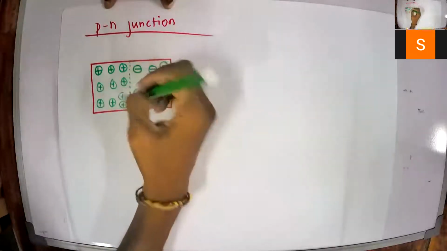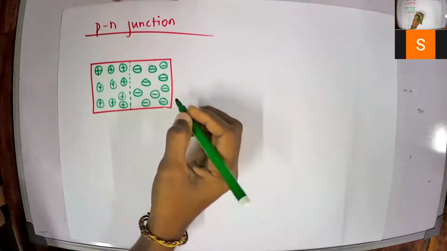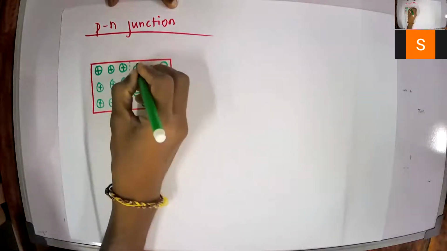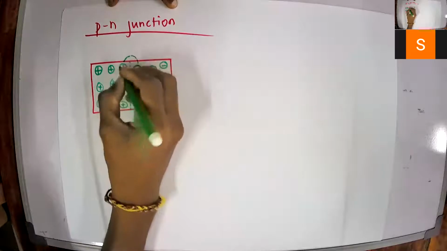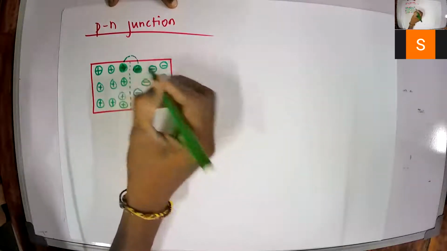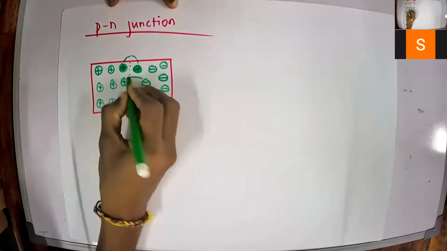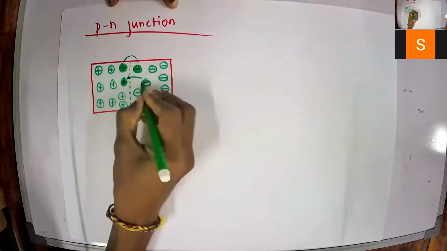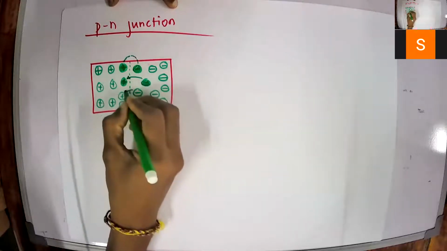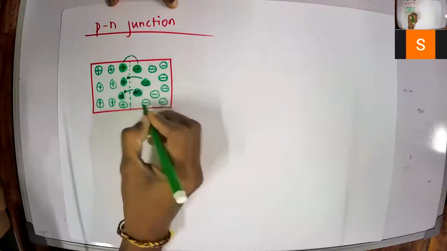At this interface, look here, these are electrons and these are vacancies. What they will do is simply these electrons will jump and neutralize them, so these two will be neutralized. Similarly, this will jump and these two will be neutralized.